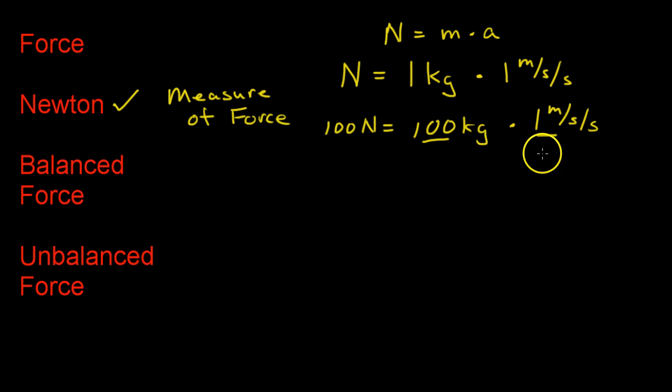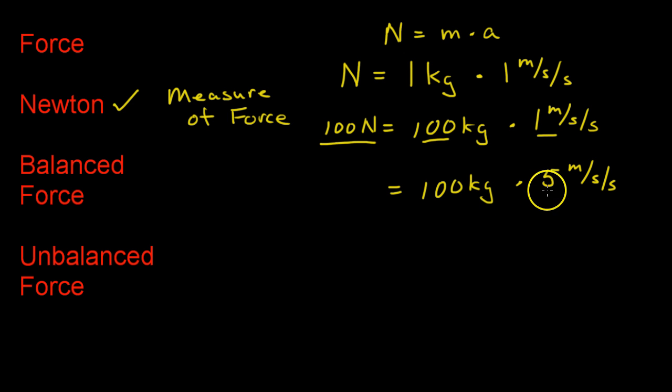And in order to move this object at this rate, it would require 100 newtons of force. If we wanted to take that same heavy object and move it faster, that's going to require even more force. So if we wanted to move it at an acceleration of 5 meters per second, it would require 500 newtons of force.